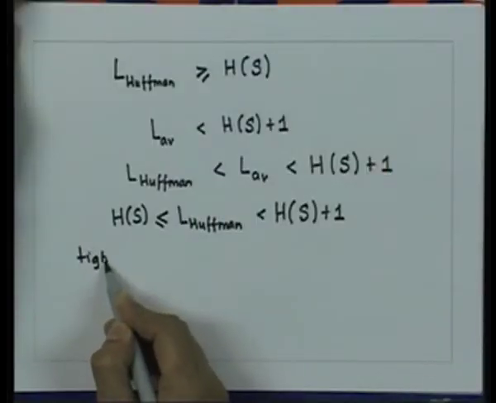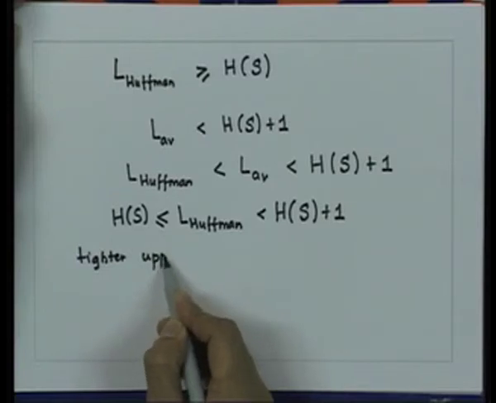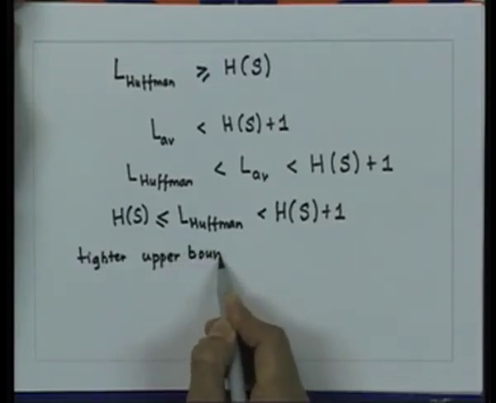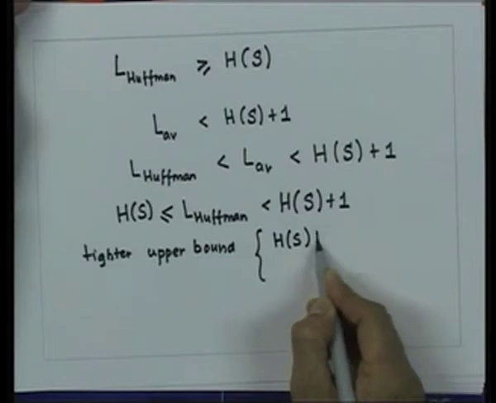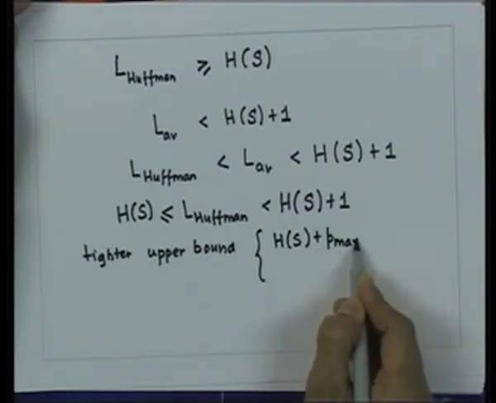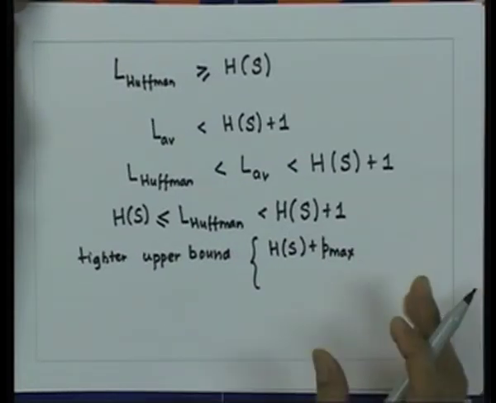So, we will not discuss this in this class, but we can show that this tighter upper bound will be of the form Hs plus P maximum, where P maximum corresponds to the maximum probability of a source symbol in the source alphabet, and this is valid when P maximum itself is greater than or equal to 0.5.